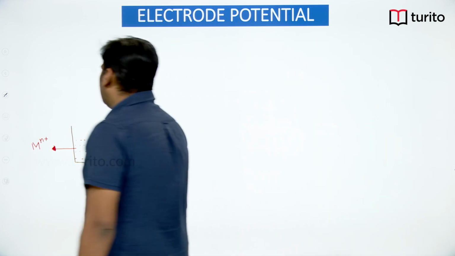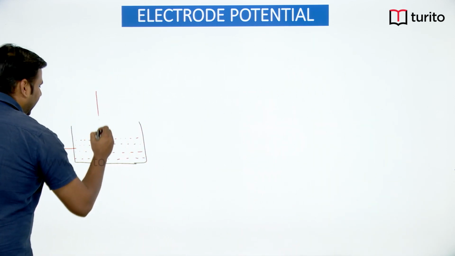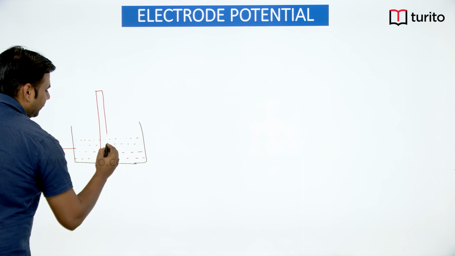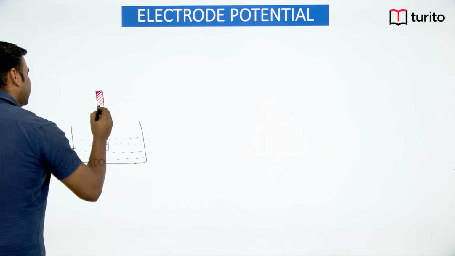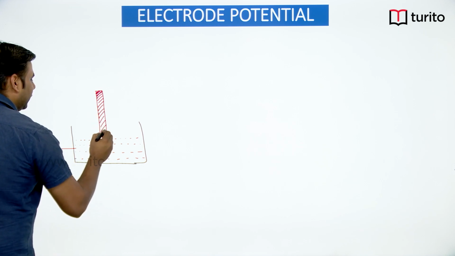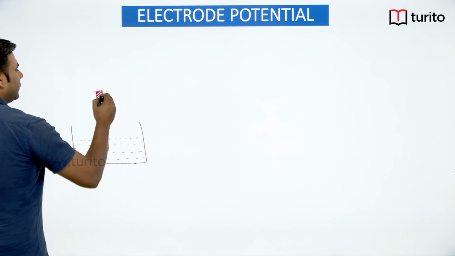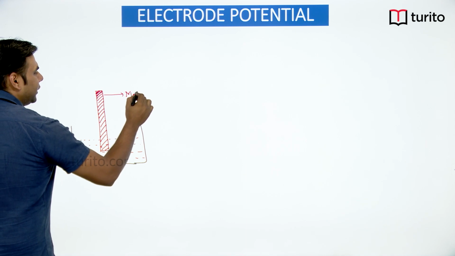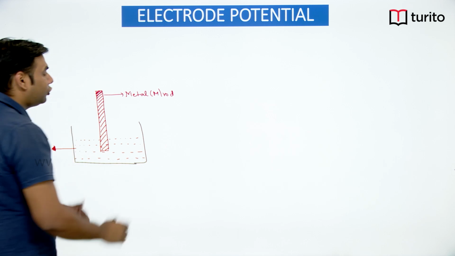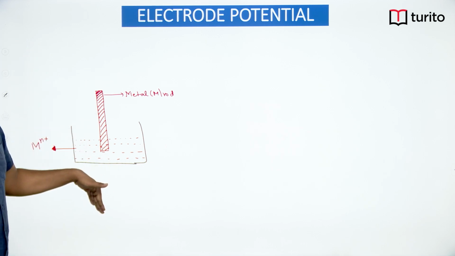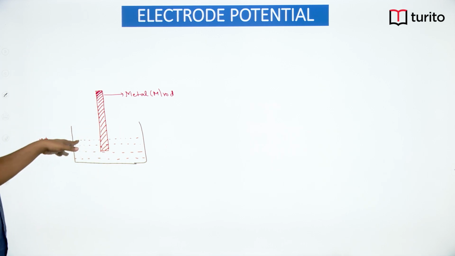Now we are taking a metal rod. So this is a metal rod, this is a metal M. We are dipping the metal rod in its own aqueous solution containing the ion.